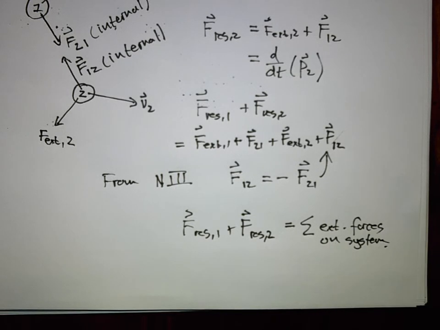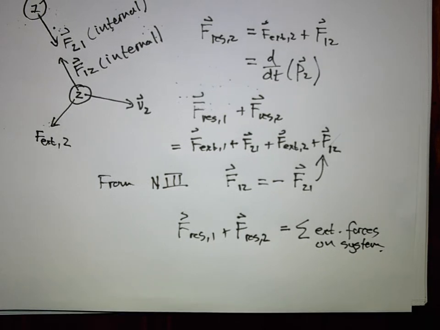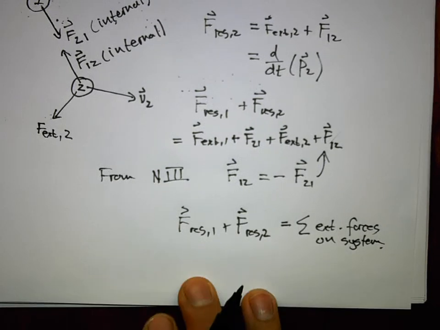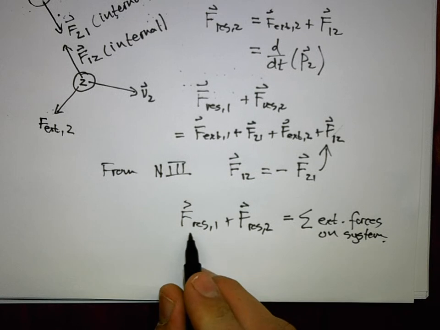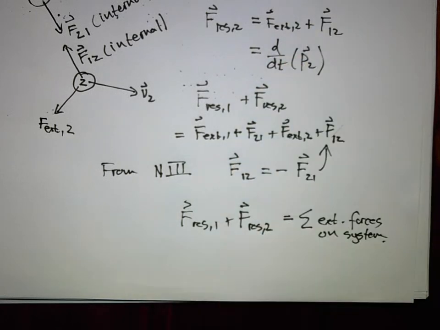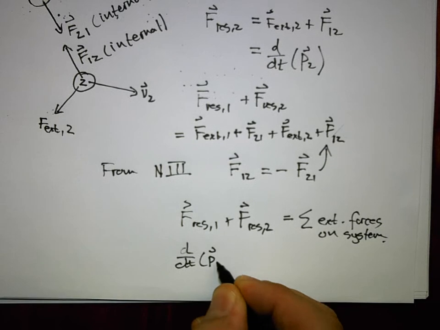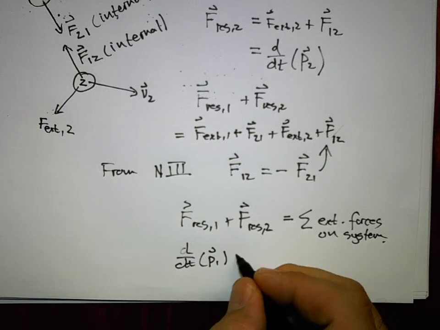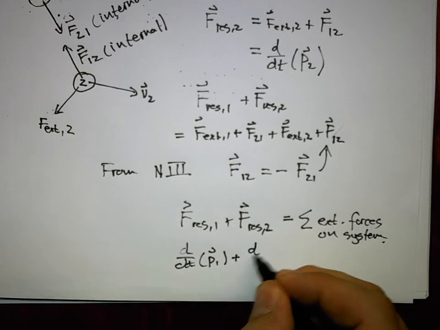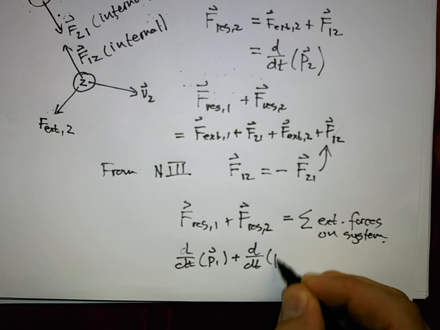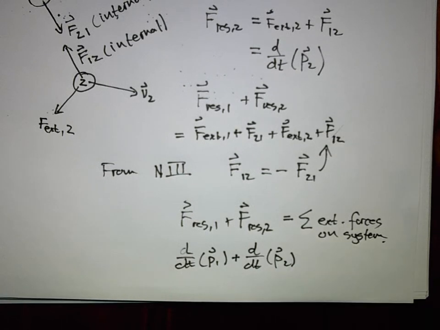So in this case, this would be the external force on 1 plus the external force on 2, but both of them are external forces, both of them somehow act on the system, so I'm just going to write that. But we also know that F res 1 we can write as the time derivative of the momentum of particle 1, and the resultant force on 2 we can write as the time derivative of the momentum of particle 2.